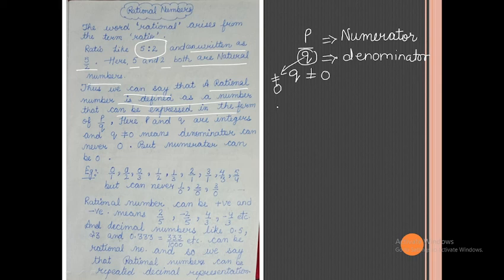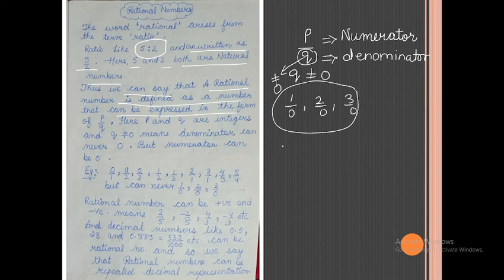For example, we cannot write 1 by 0, 2 by 0, 3 by 0, because in rational numbers the denominator cannot be equal to 0.